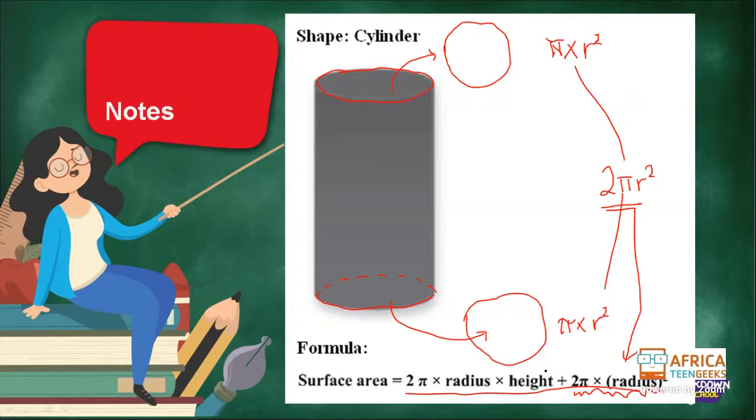Now let's look at this first part. How did this first part come about? Obviously, if you look at this middle shape, what shape do you think it is? If you were to cut it up and lay it flat on the floor, what shape would it be?